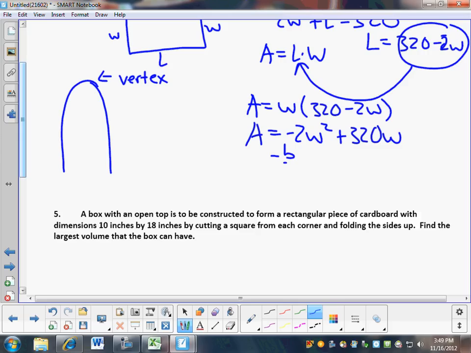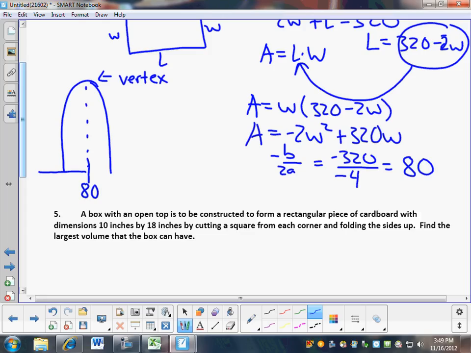So we do negative b divided by 2a. We have negative 320 divided by negative 4, and we get 80. So again, 80 is the location. If we plugged it into the area function, we'd actually get the area.